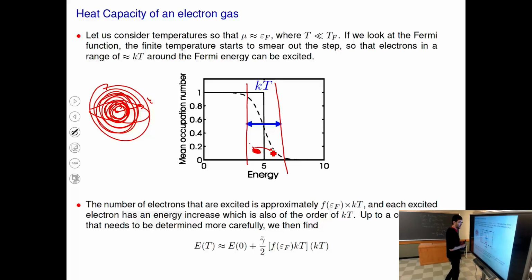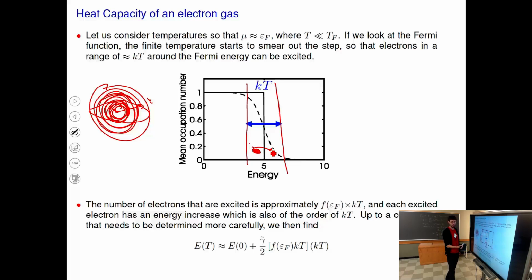And so that means that largely the Fermi gas is useless for heat capacity purposes, and the only electrons that are relevant are here.